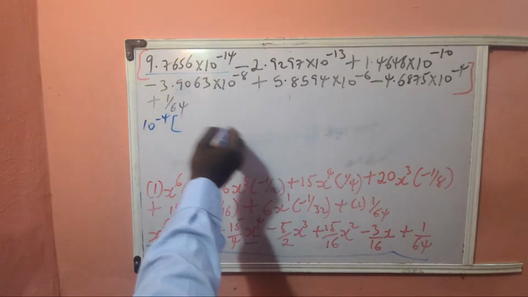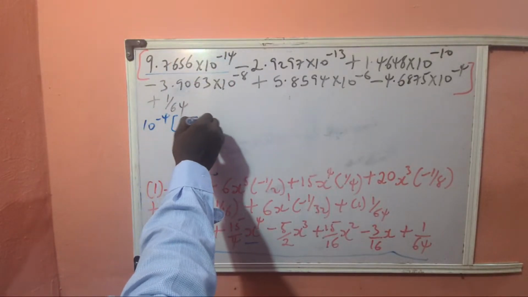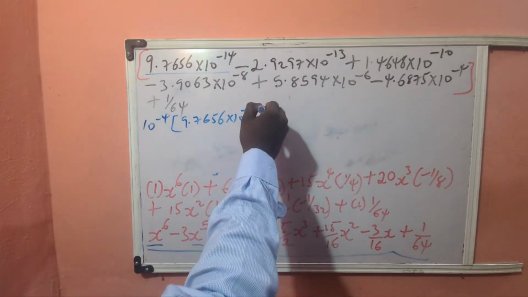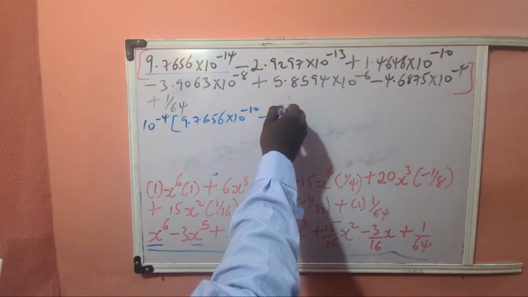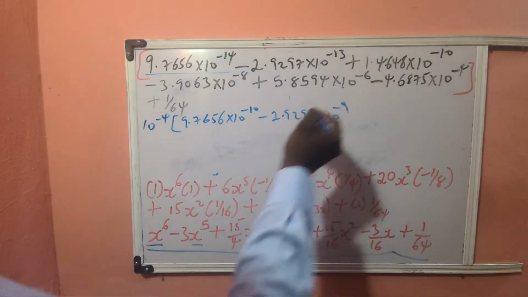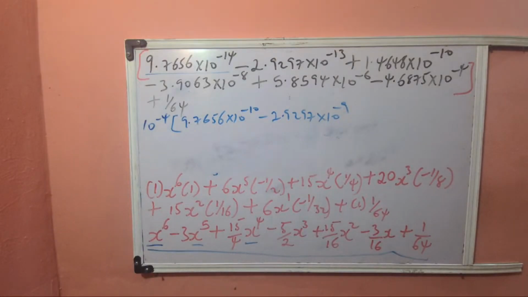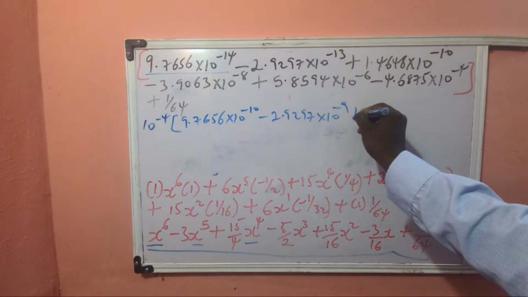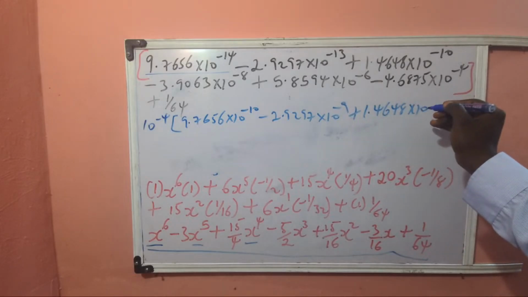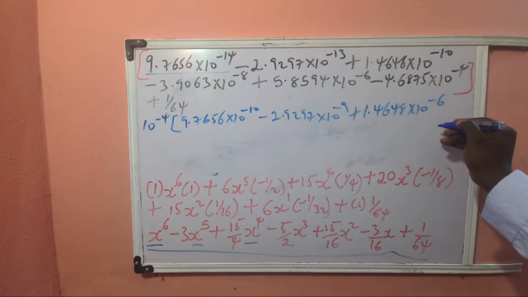Then I obviously will be left with 9.7656 times 10 raised to the power minus 10. Then minus 2.9297 times 10 raised to the power minus 9. Then we have plus 1.4648 times 10 raised to the power minus 6.